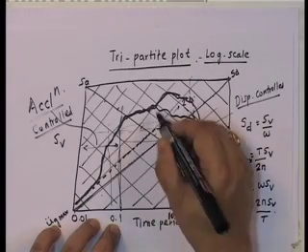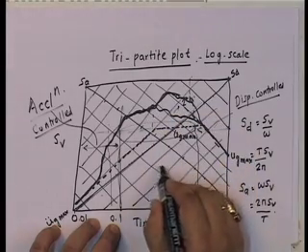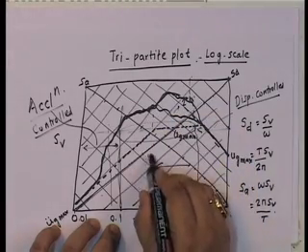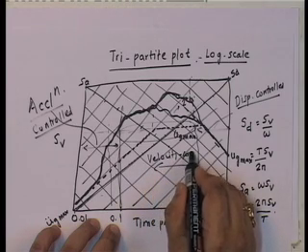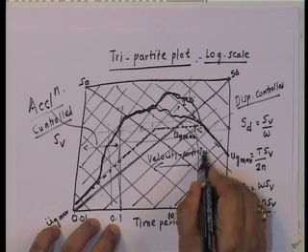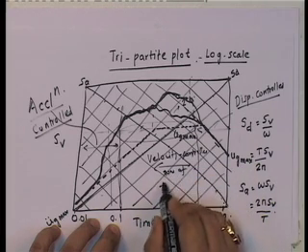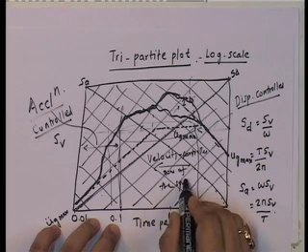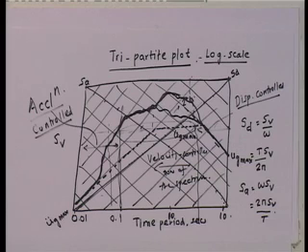Okay. So, this zone is the velocity controlled zone of the spectrum. So, you see the tripartite plot is a very, very powerful plot.